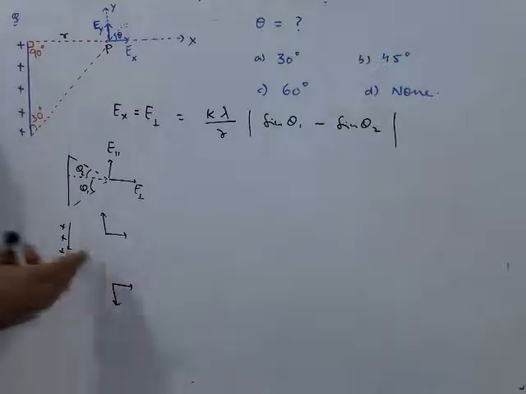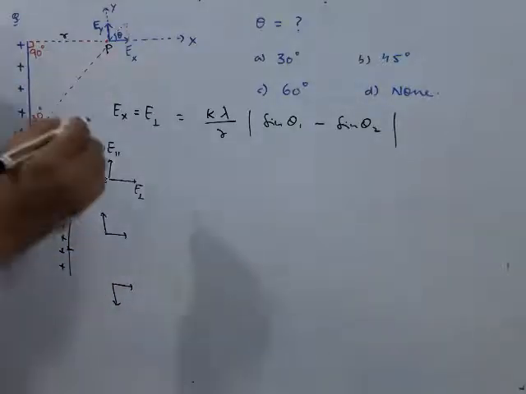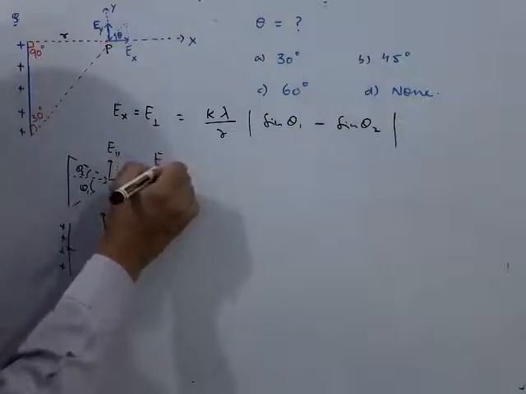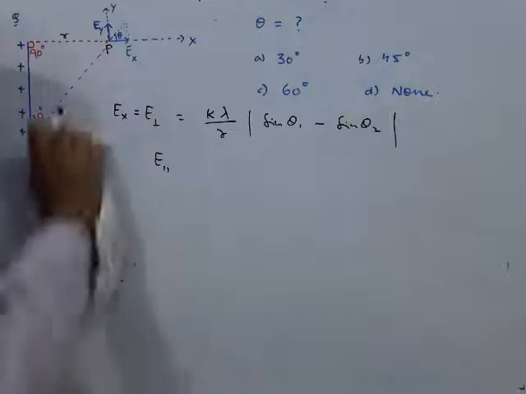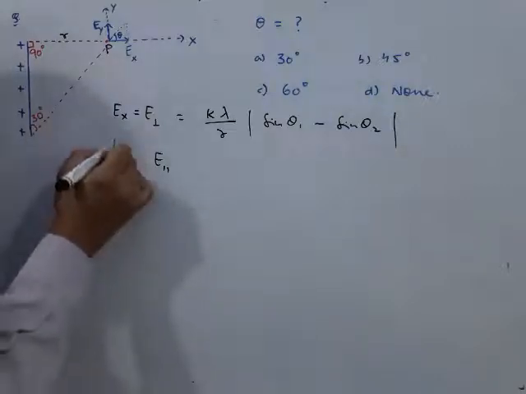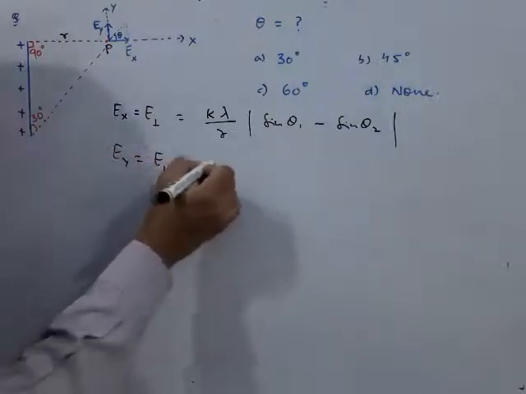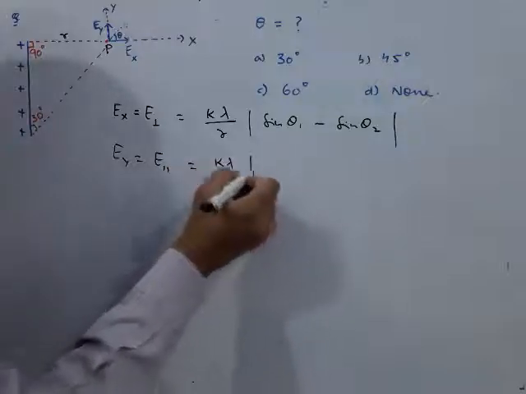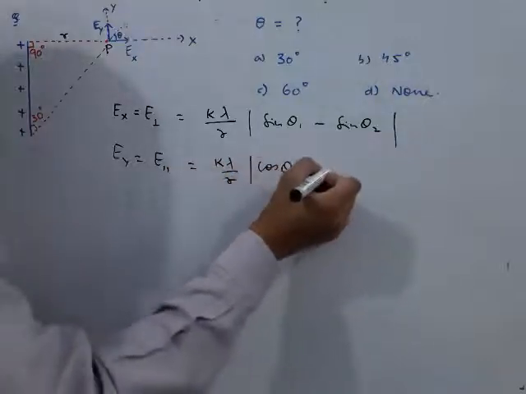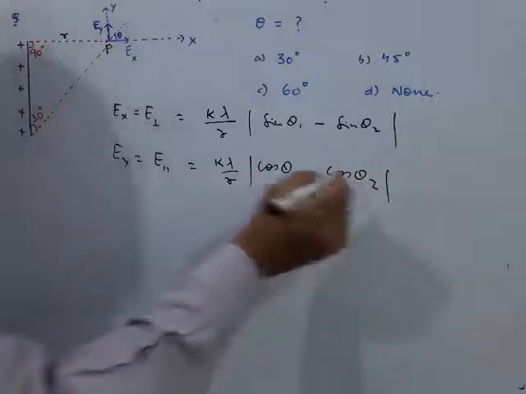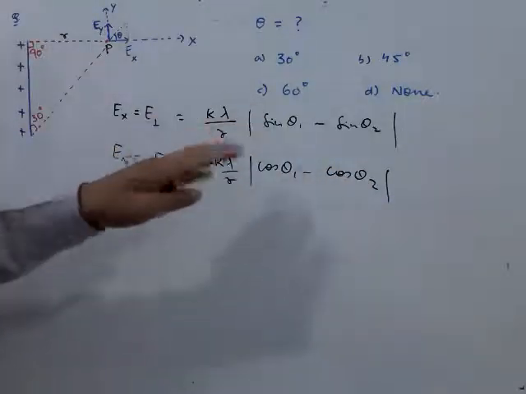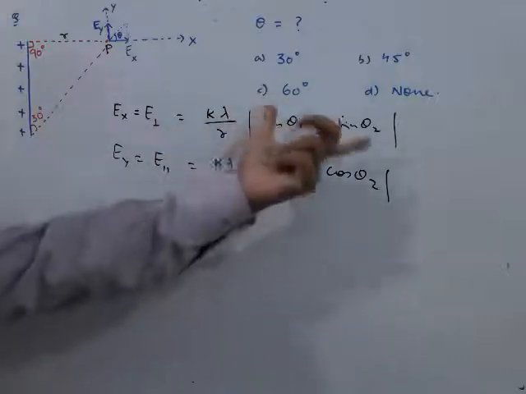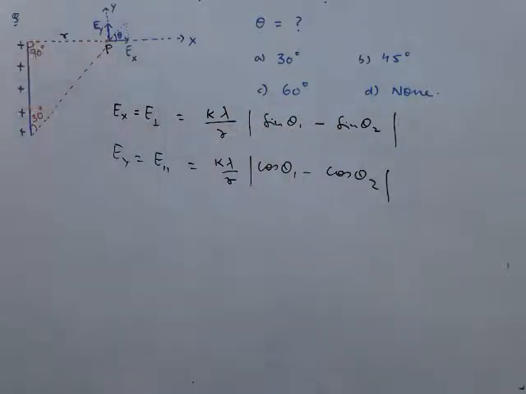For negative distribution of charges, it will be just opposite. And likewise, the E parallel component will be how much? The E parallel component is Ey, that will be k lambda upon r times mod of cos theta 1 minus cos theta 2. So you don't have to bother about the signs for theta 1, theta 2 because we have to take the modulus. Directions will be like so.